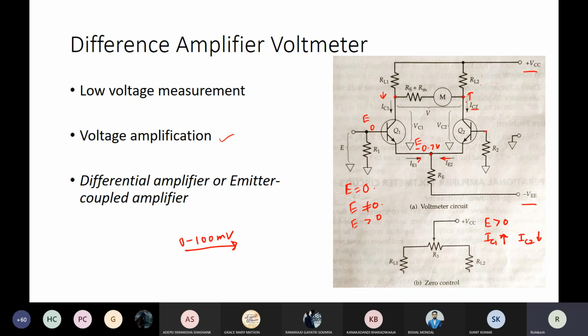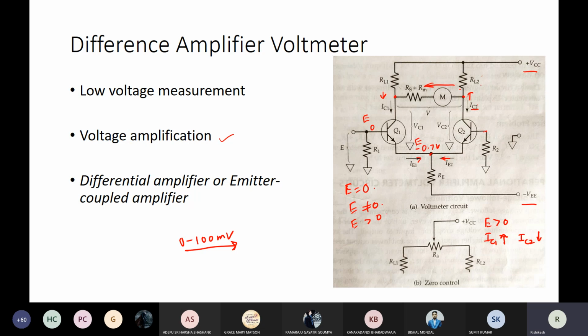So you will see that the current will flow in this direction. The meter should be connected in that manner. Remember, PMMC is a polarized instrument. So for the voltage measurement, this will be connected in this manner.